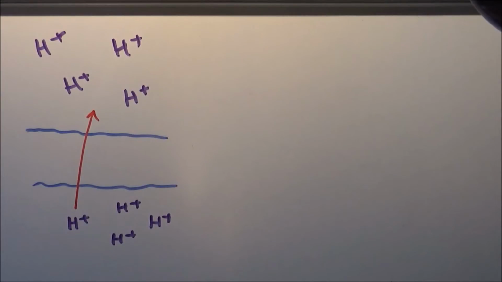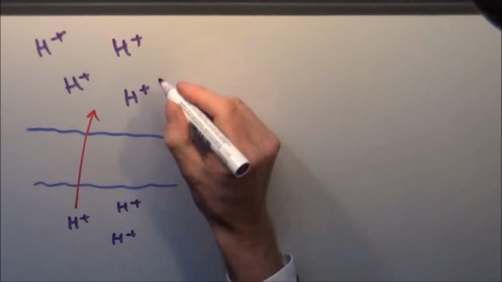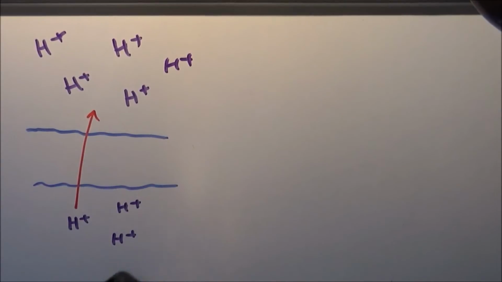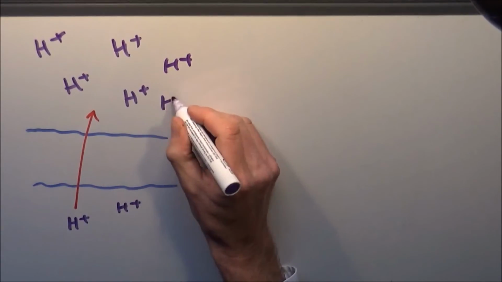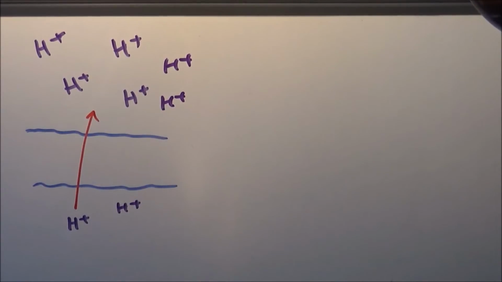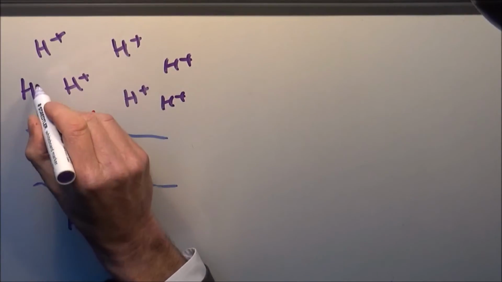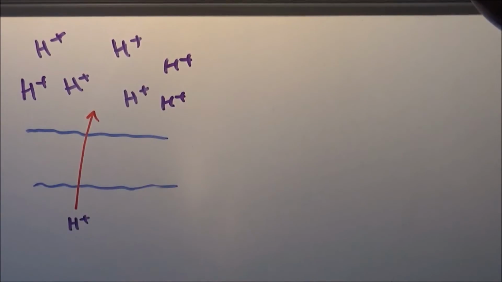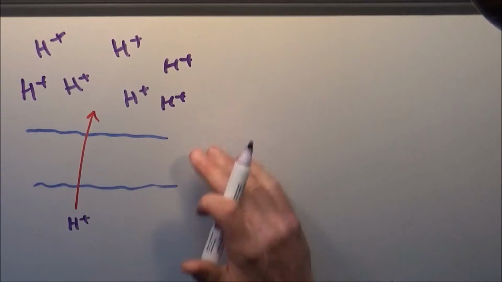So if we transfer some of these protons, so that one goes across, that one goes across, we're moving the protons against the concentration gradient. So we're building up a concentration gradient. We can also call it a pH gradient.